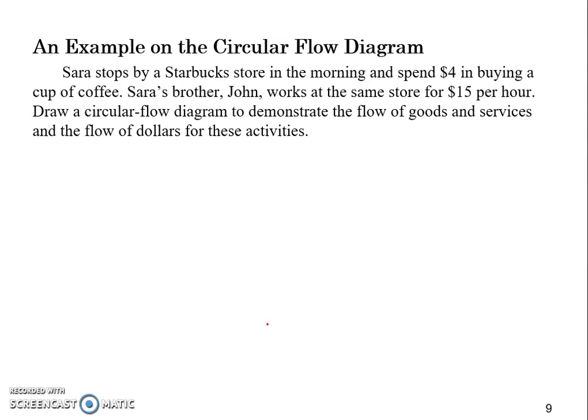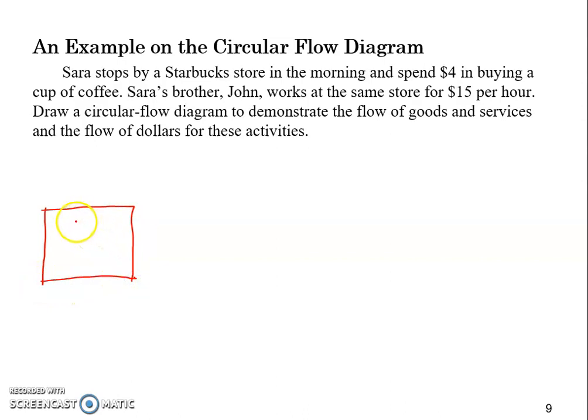We get two types of markets: the market for goods and services and the market for factors of production. Now here, let's start with households. If we put households here on the left-hand side.